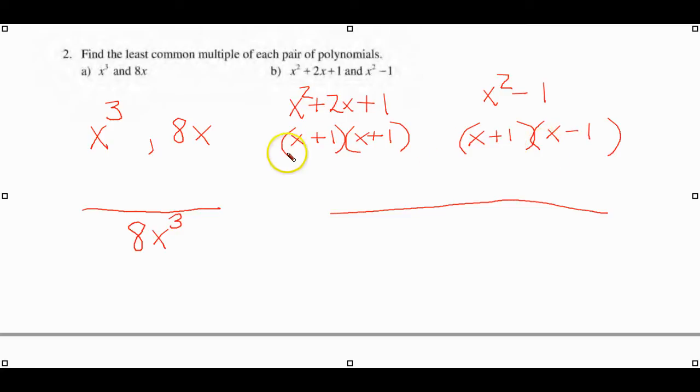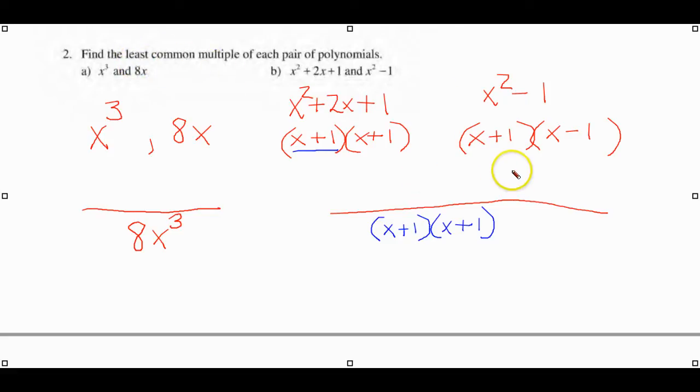What's the greatest number of times that x plus 1 is used? Well, here it's used twice. Here it's used once. So the greatest number of times it's used is twice. So we include that as part of our future common denominator, and as they're referring to it here, the least common multiple.